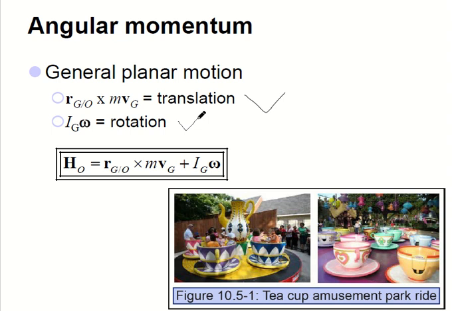Your rotation, you're going to get it from the mass inertia times, but of course that mass inertia is with reference to G, the mass center, and then times the angular velocity. And of course we're going to put them together and you're going to get the previously shown equation, yes, this guy.